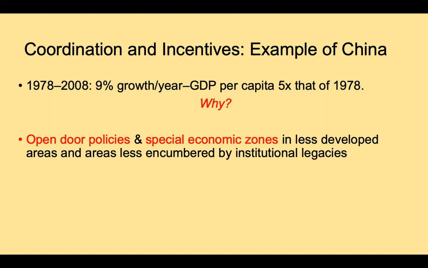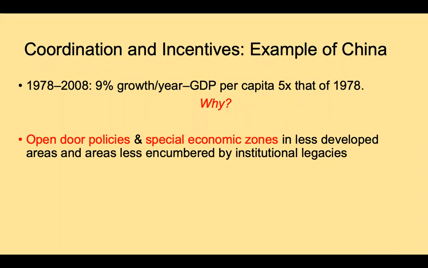And so remember that China had a centrally planned economy and essentially a communist state. And this meant that there was an extensive buildup of institutions and organizations that had been involved in everything under the umbrella of centrally planning the economy.